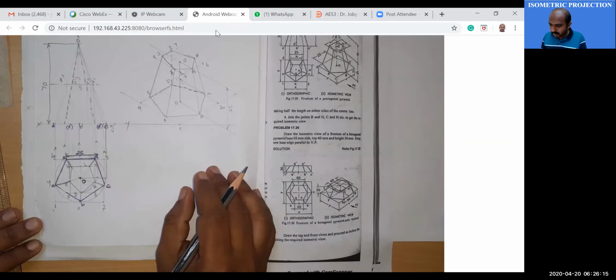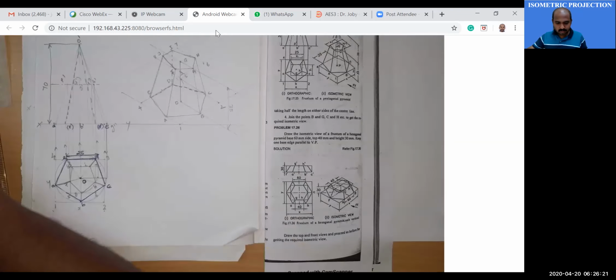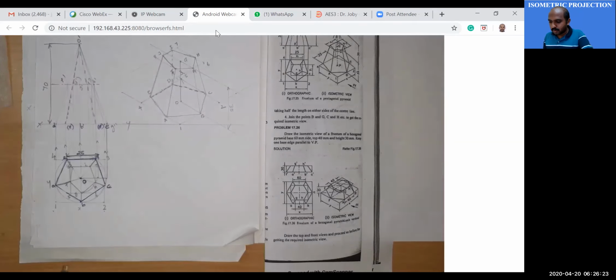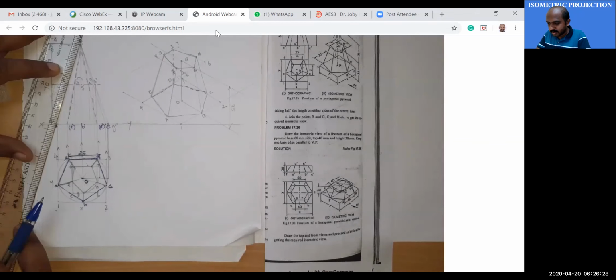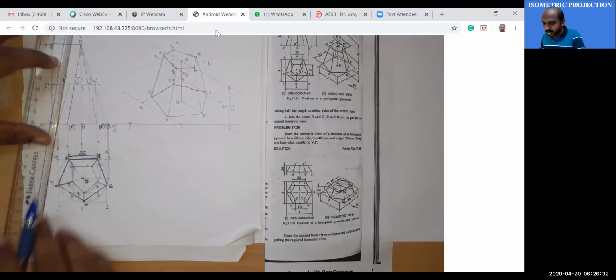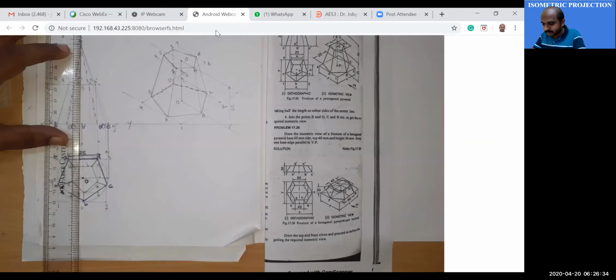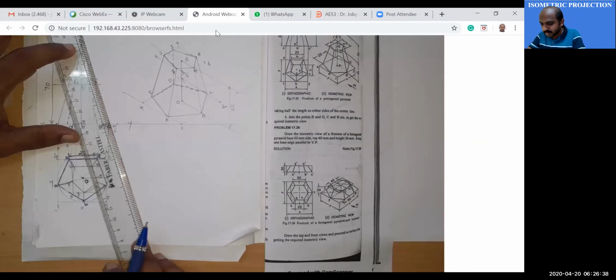Now you can connect O dash to A dash, O dash to B dash, and O dash to C dash.